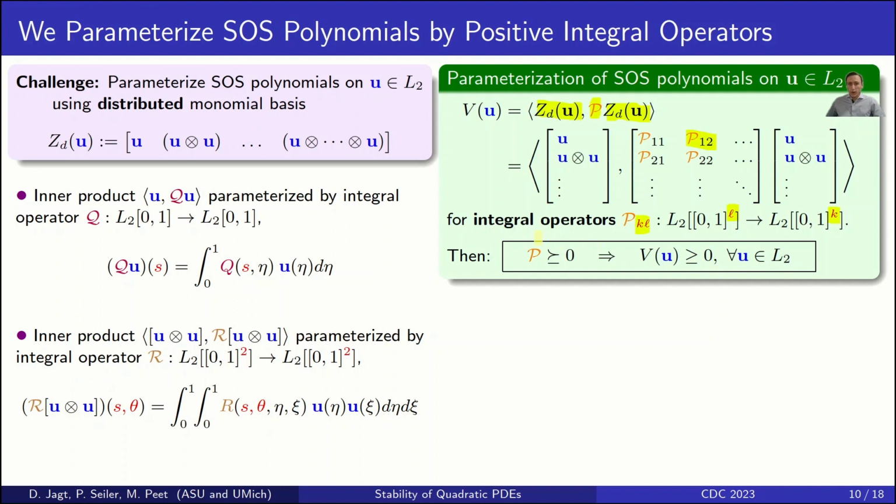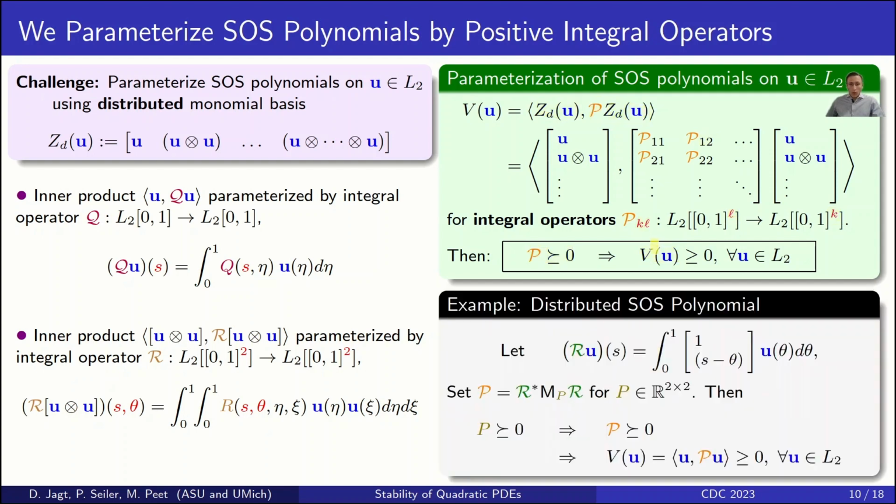And then crucially, of course, if this integral operator P here is positive semi-definite, then that ensures that the function V here, this polynomial, will be positive semi-definite as well. So for example, if we consider this integral operator R here, what we can do is take the product of the integral operator with itself and then scale it with a matrix P. Then, if this matrix P here is positive definite, the resulting integral operator will also be positive definite.